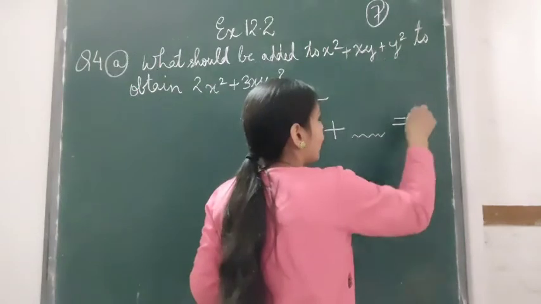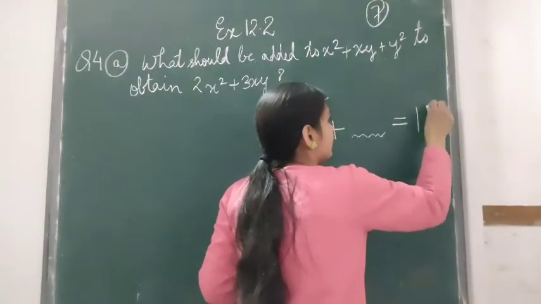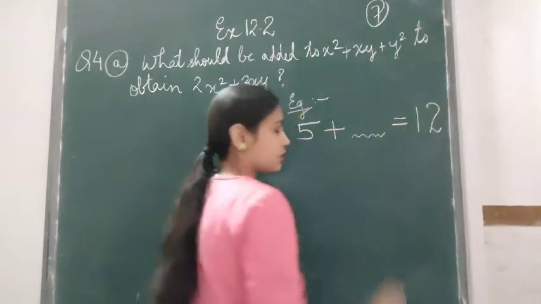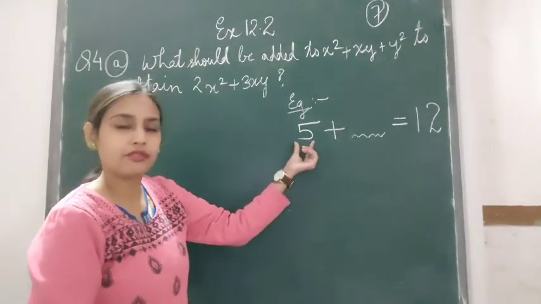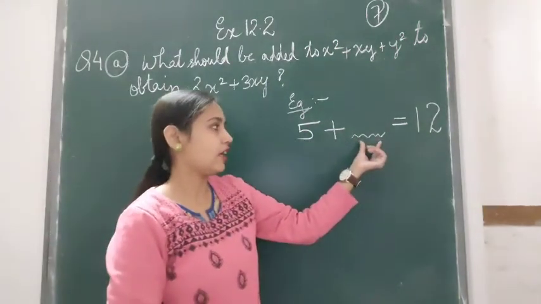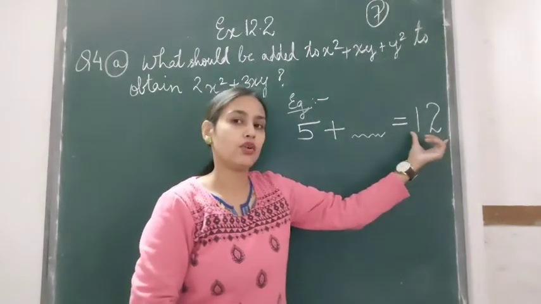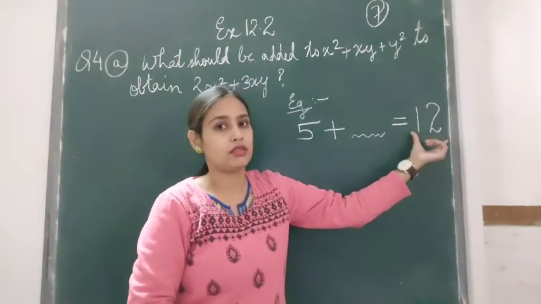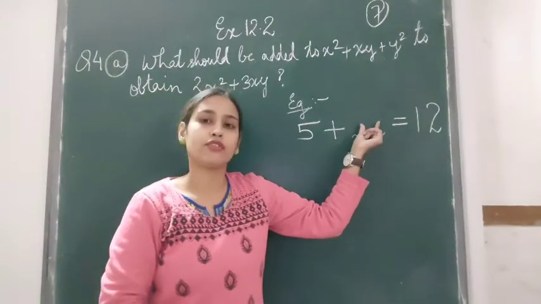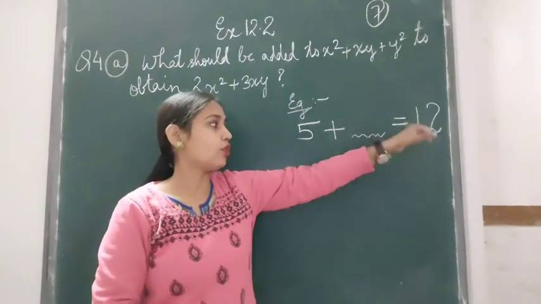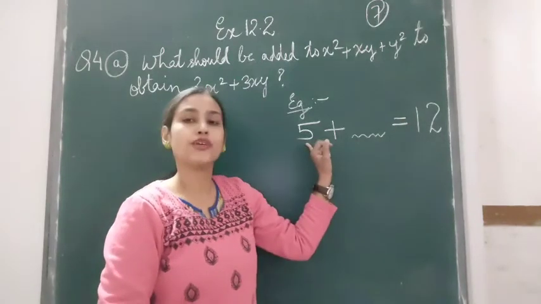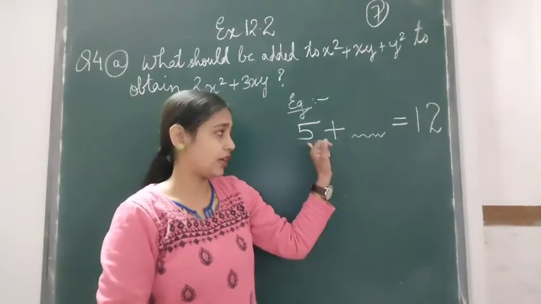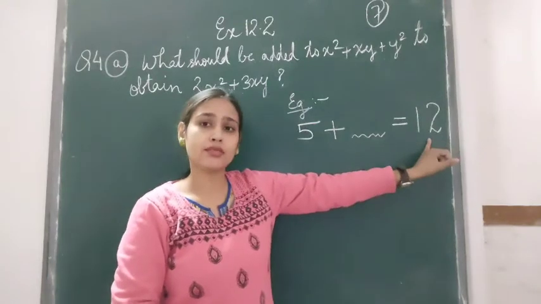And now you have 12 chocolates. So mother gave 5 chocolates, friend gave some chocolates and the total became 12. So how many should your friend give you so that your total becomes 12? That means what should you add to this 5 so that the total becomes 12?